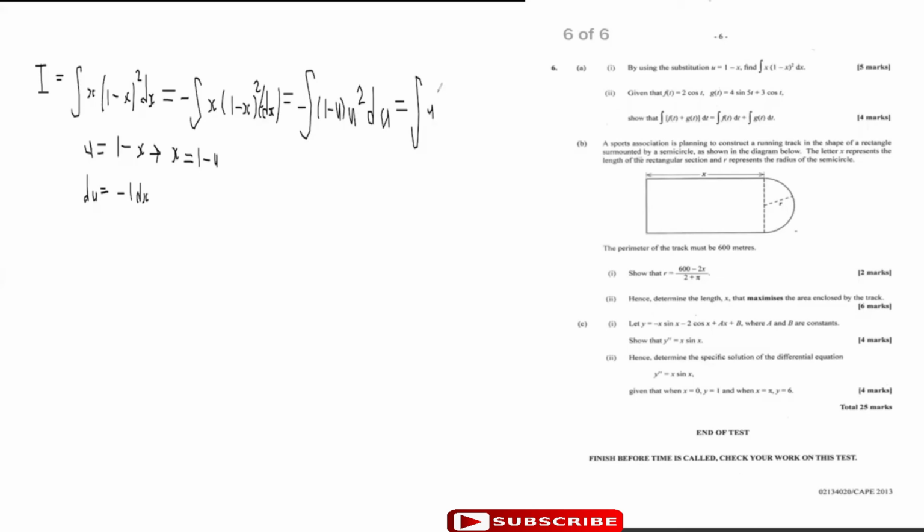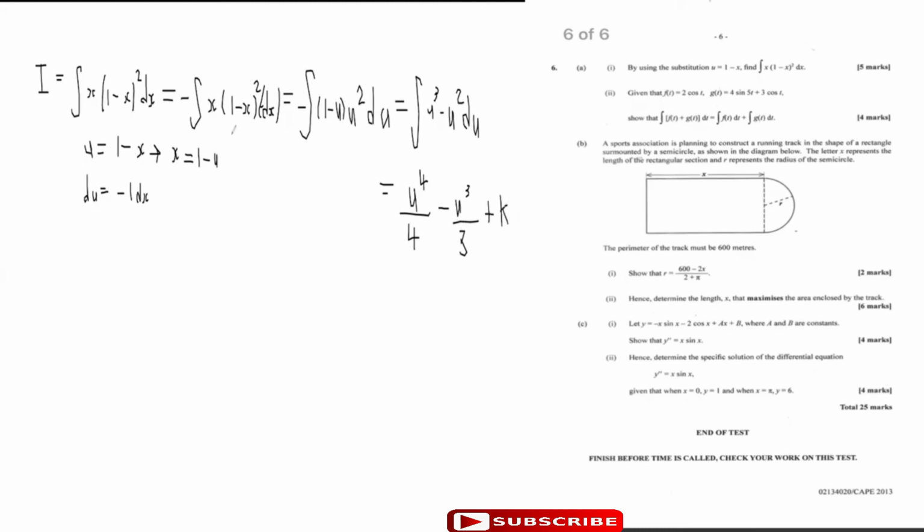So in reality, it is just u cubed minus u squared du. So all I have to do now is add 1 to the power. So I get u to the 4 divided by 4 minus u cubed divided by 3 plus some constant k.